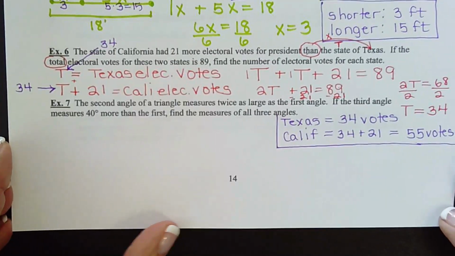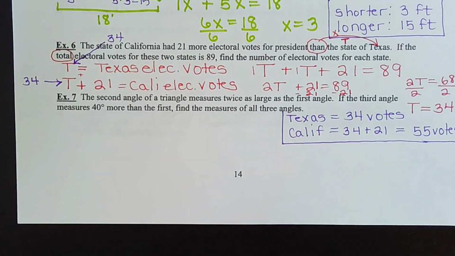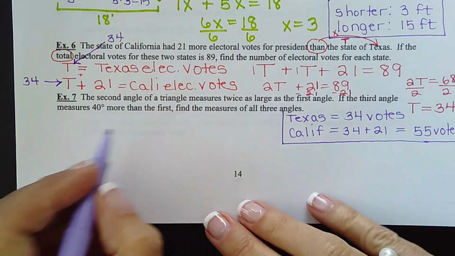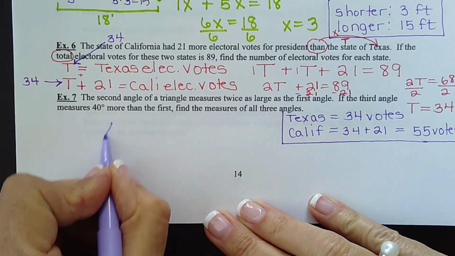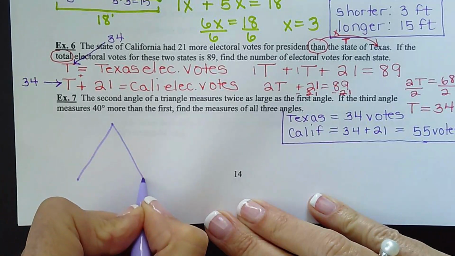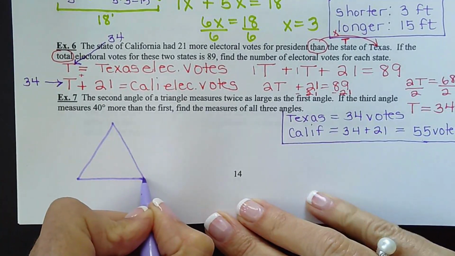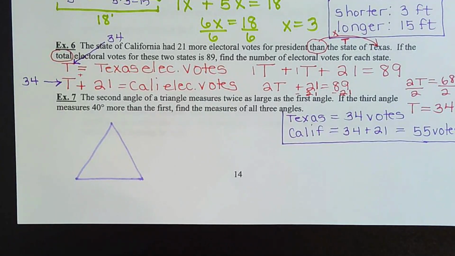Okay, this next one is a type of problem that you always want to make sure you draw a picture for. It's a triangle. I'm going to draw it nice and big so that I don't run out of room when I'm working my problem again. So, little trick of the trade.